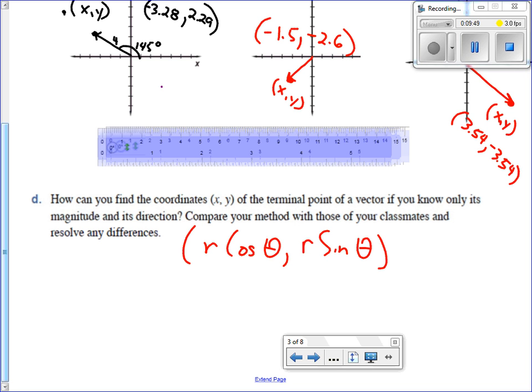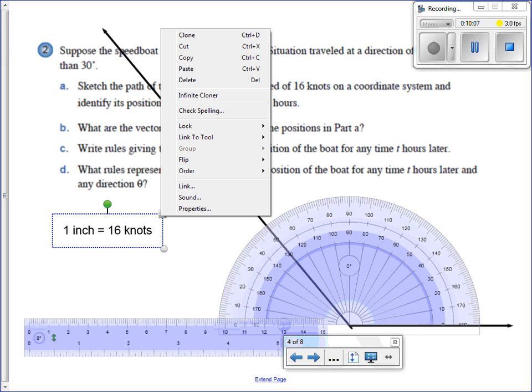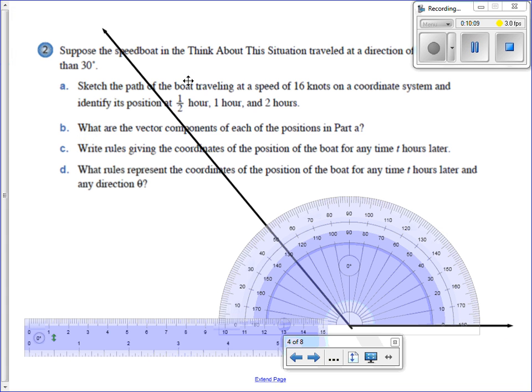Exactly what we wrote on the previous slide. So now number 2. And I need to get rid of a few things here because it's not quite working out using the technology as I had planned.